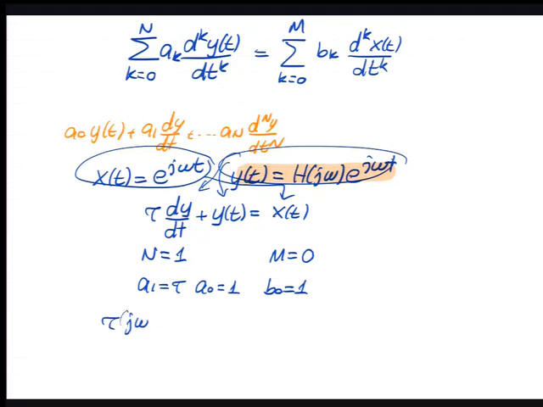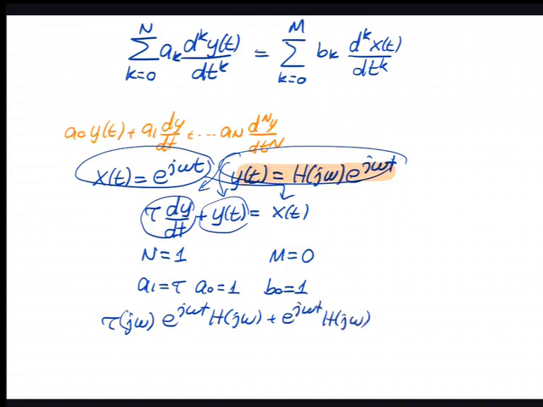Tau j omega e to the j omega t h of j omega. That's the first term. Plus y itself, so that is e to the j omega t h of j omega. And the right hand side is simply x, and that is e to the j omega t.